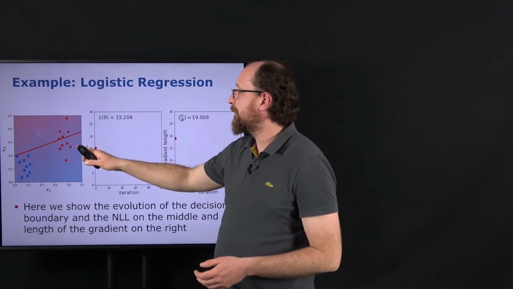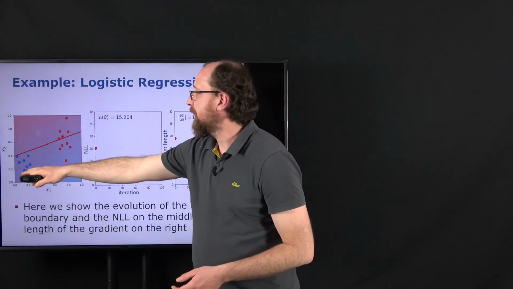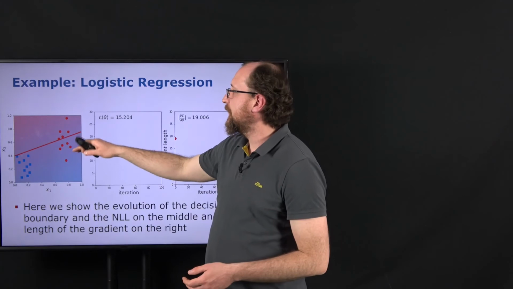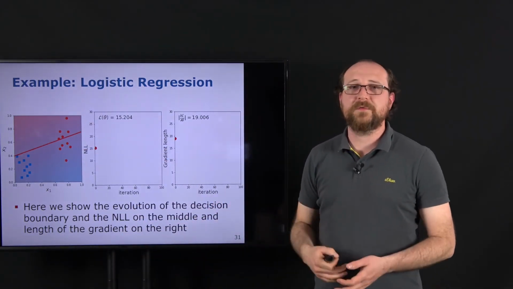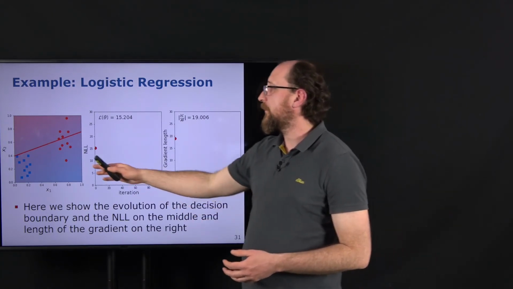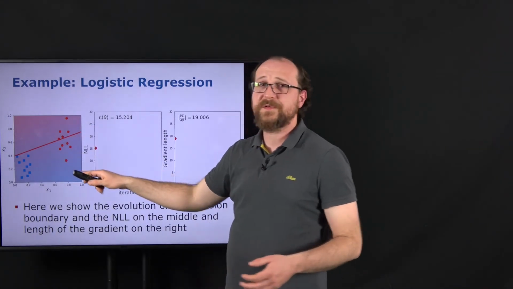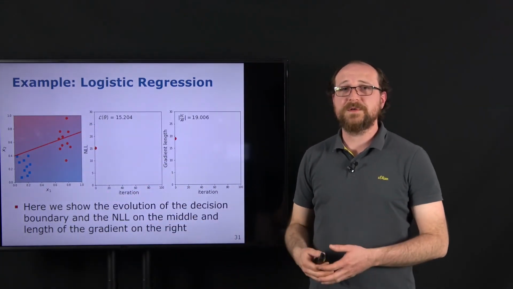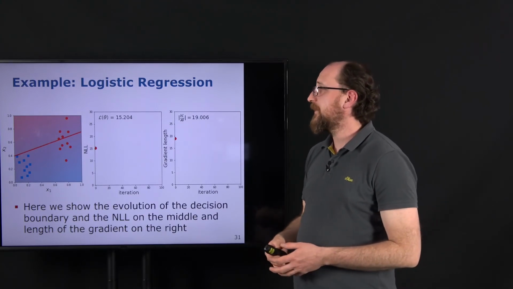On the left side, you see our training data set, and you see this theta that is currently the decision boundary that we estimated. Based on this theta, we are also coloring each point in the feature space by the probability P of y given x.